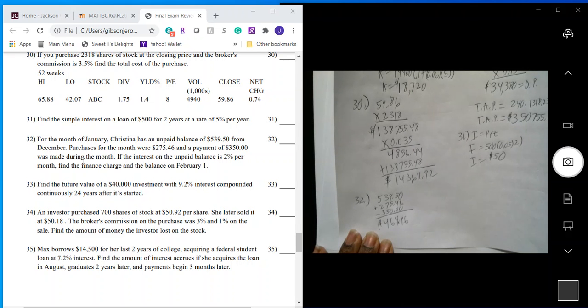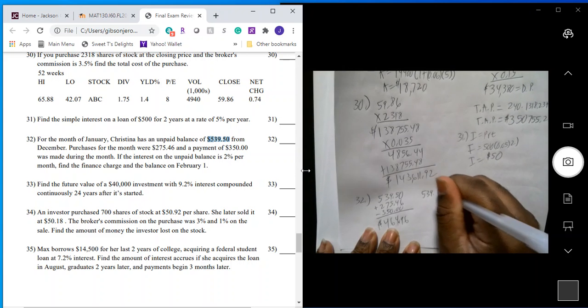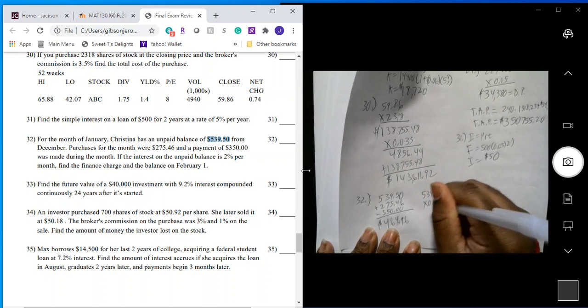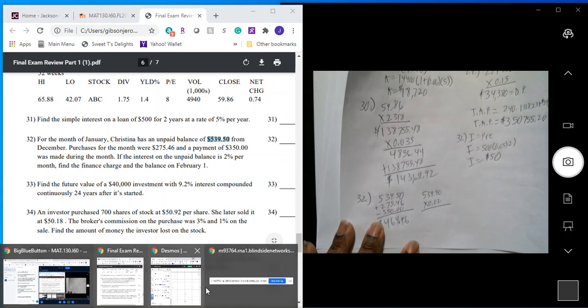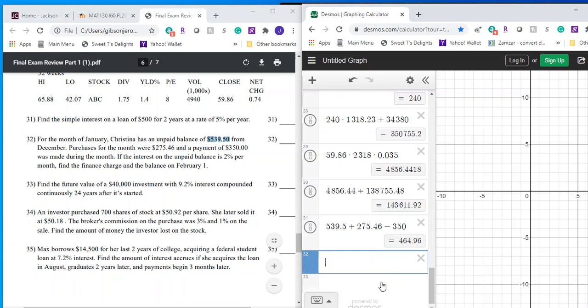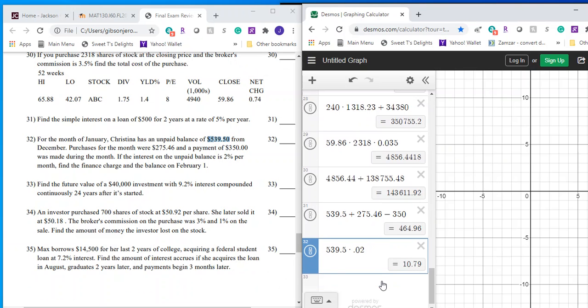Now there's one other thing that we have to do here, because it tells us that we pay 2% per month for unpaid balance. Now remember, this $539.50 was the unpaid balance for the previous month. So we'll take the $539.50 and multiply it by 2%, which will give $10.79.